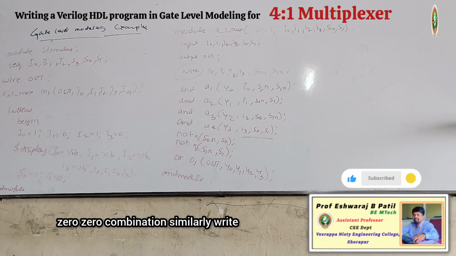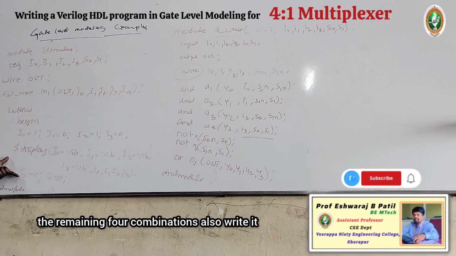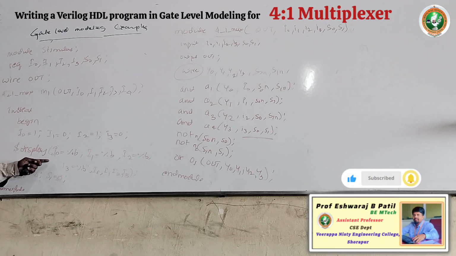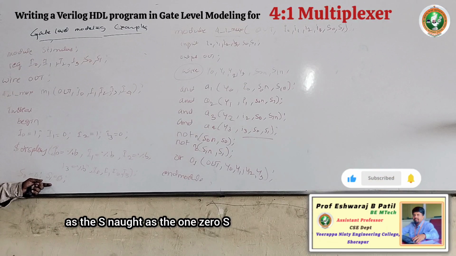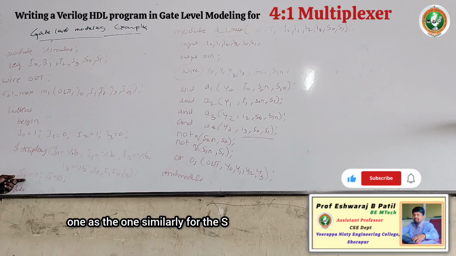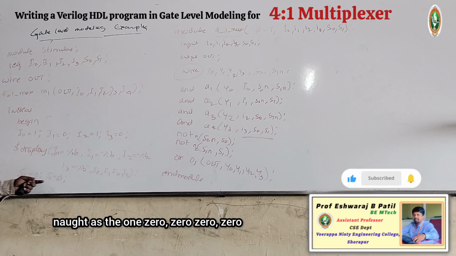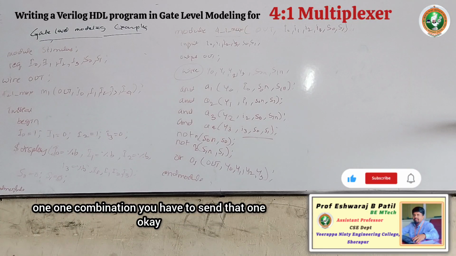Similarly, write the remaining combinations also: S0 as 1, S1 as 0, and the 0, 1 and 1, 1 combinations. You have to send those.